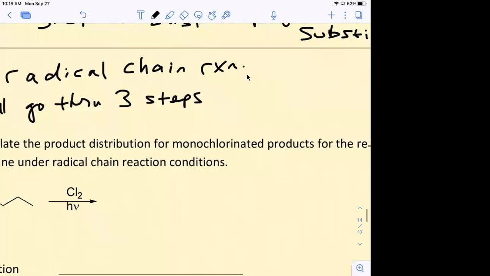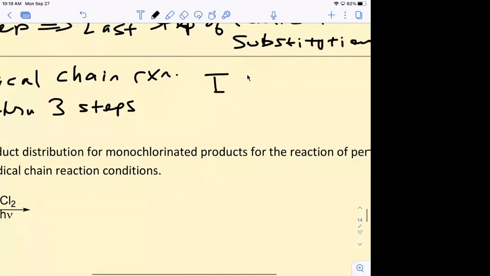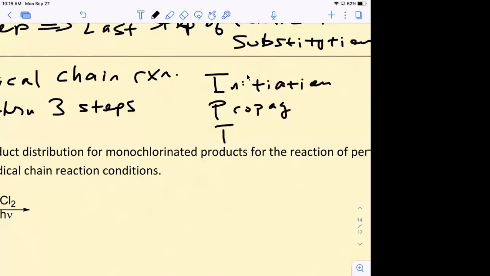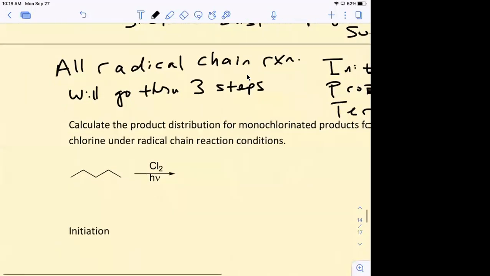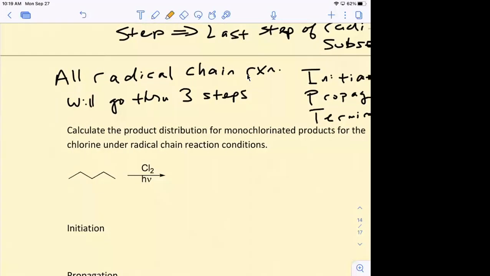Three steps: initiation, propagation, and termination. Every radical chain reaction is going to follow this pattern.